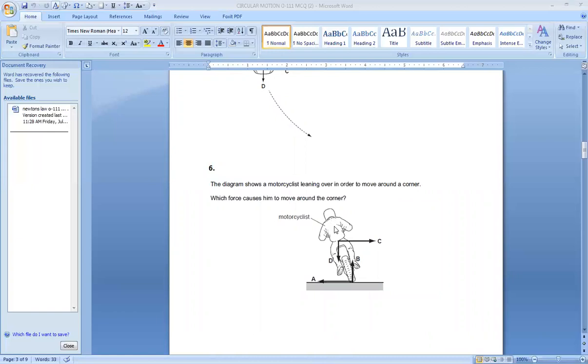He is leaning towards the left. So it means the center of the corner is towards the left. Which force causes it to move around the corner? That is the force towards the center. A is the force towards the center. So remember, if it is leaning towards the left, the center of the circular path is towards the left. So the only force toward the left is A, that keeps it moving along the circular path.